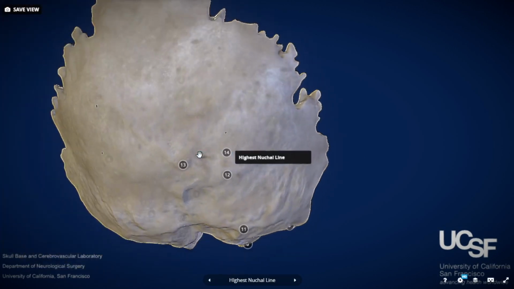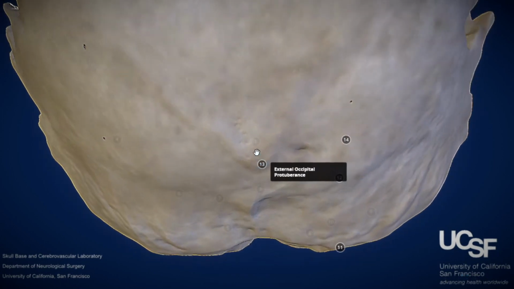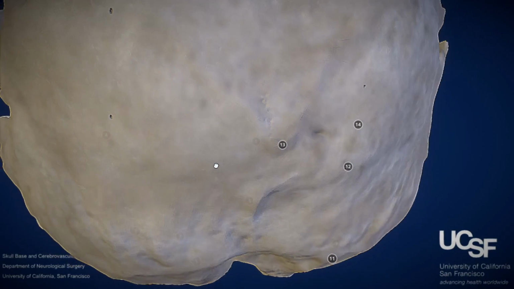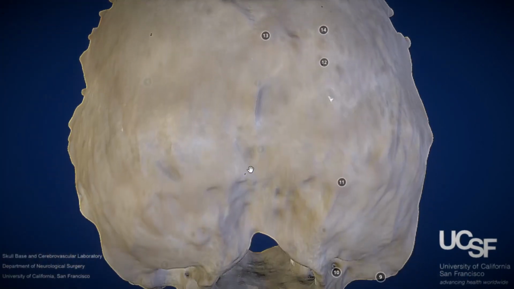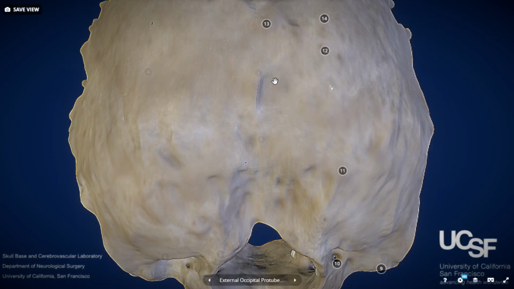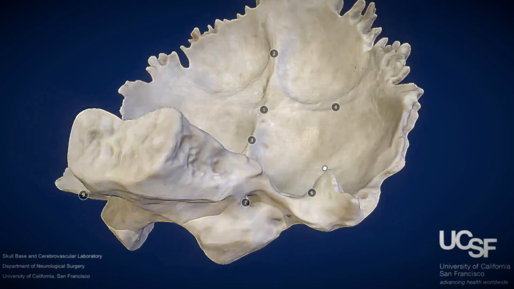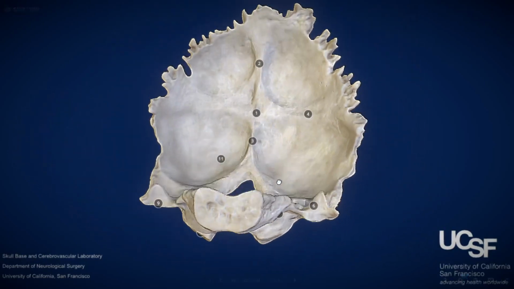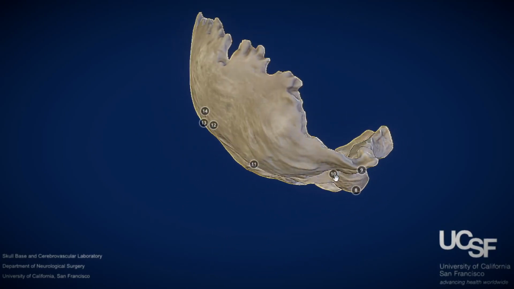Superior to that nuchal line, we have the highest nuchal line. Just in the midline, we have the external protuberance, also called the inion, and medially there's going to be a medial nuchal line. And that's an overview of the occipital bone, which is going to be part of the craniocervical junction.